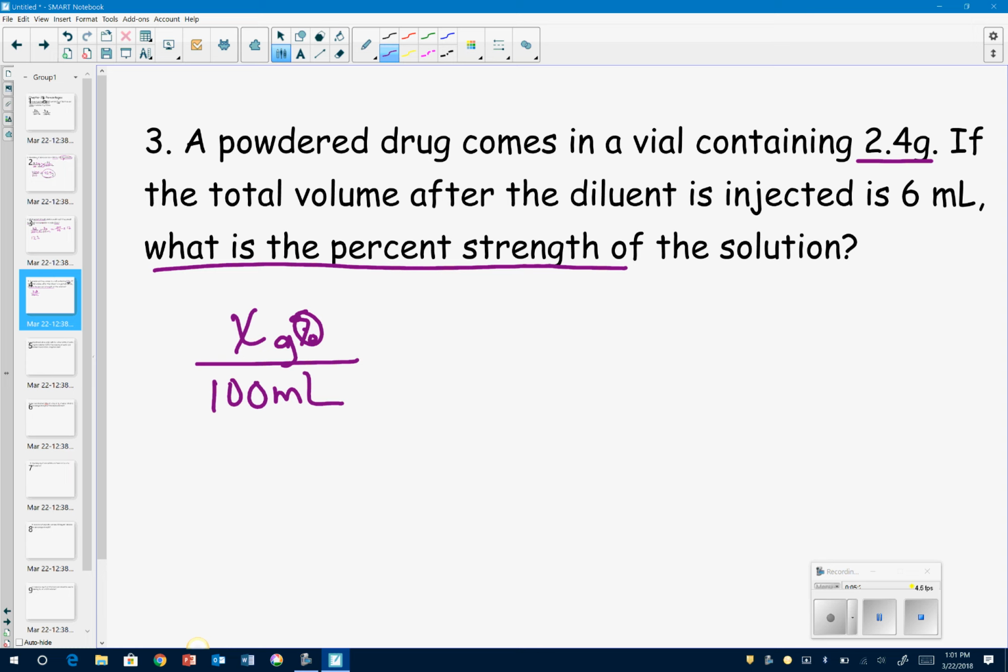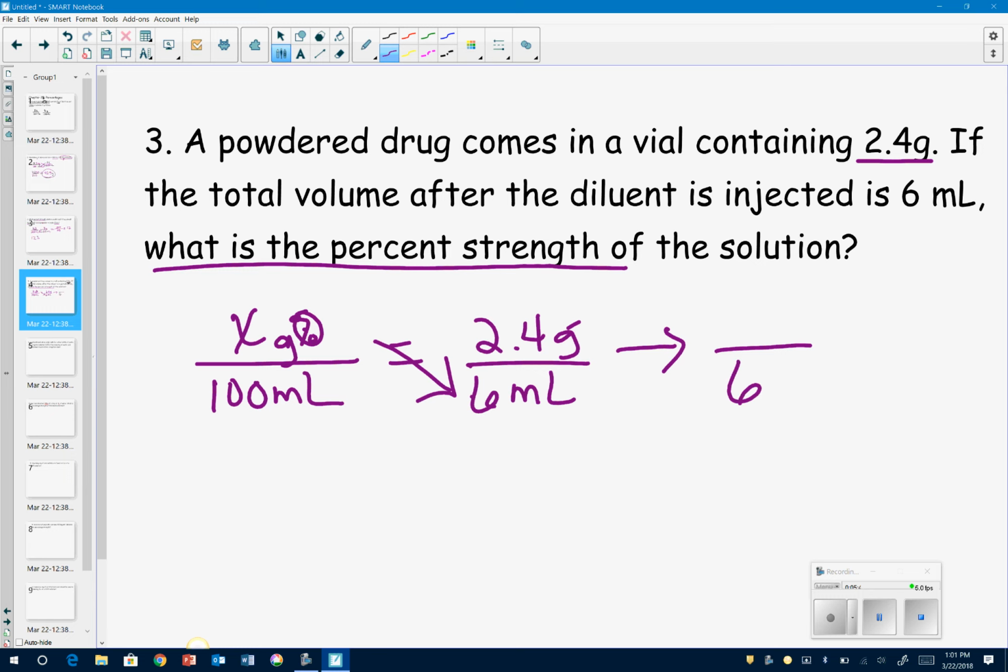So then we have 6 milliliters and 2.4 grams. And again, our units are the same on the top and the units are the same on the bottom. So then all we have to do is cross multiply. X times 6 would be 6x. 2.4 times 100 would be 240. 240 divided by 6 would be 40. So your answer is 40%.